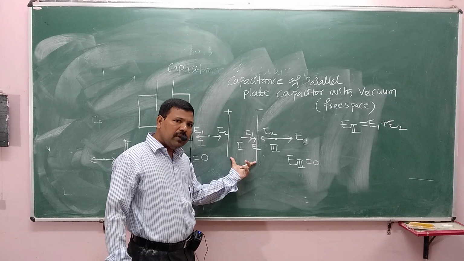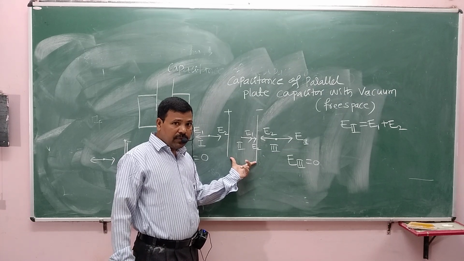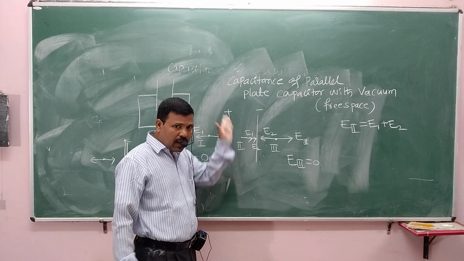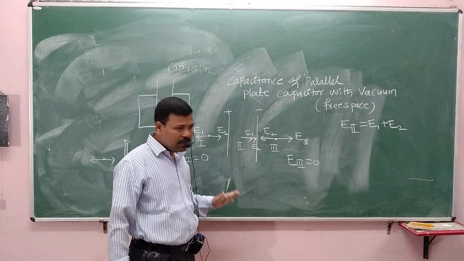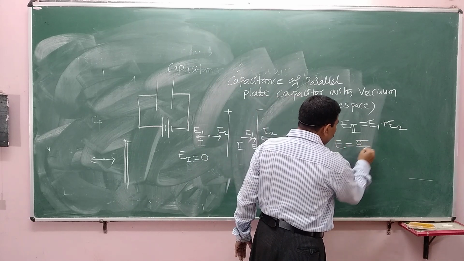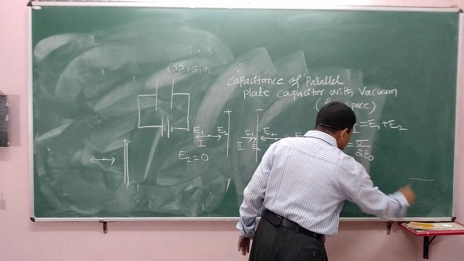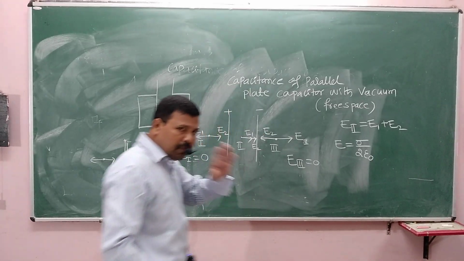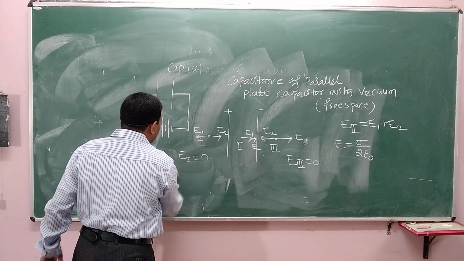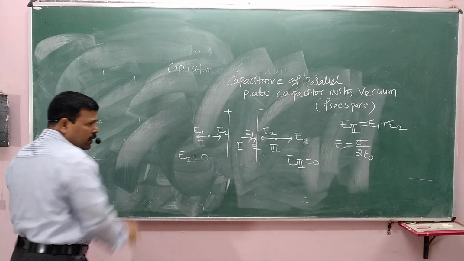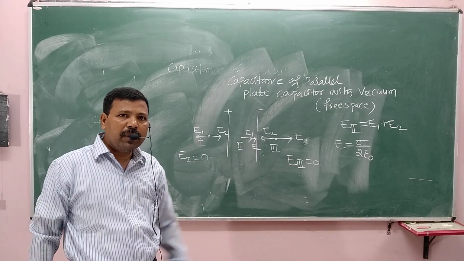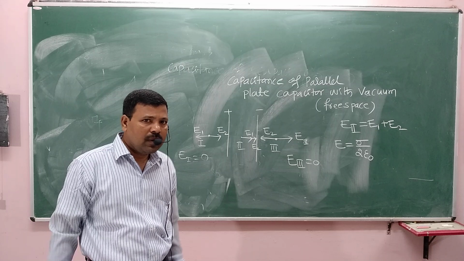But in the first chapter we learned that electric field due to a single sheet, due to a plane charge, E is equal to sigma by 2 epsilon naught. If you remember, we learned this in one of the applications of Gauss theorem. What we learned?